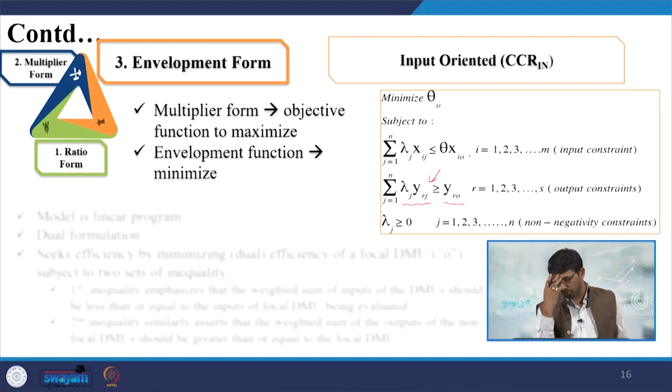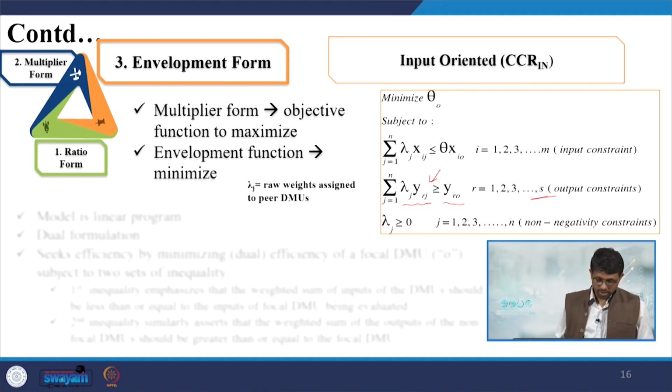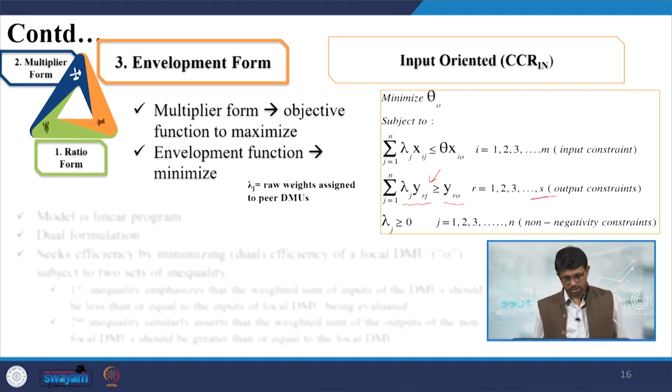In the output oriented model, we will find just the reverse. Here you need to note that the number of output constraints goes till s, and lambda of the jth unit has to be non-negative. Now, I will clarify further that these lambdas are basically the raw weights assigned to the peer DMUs.